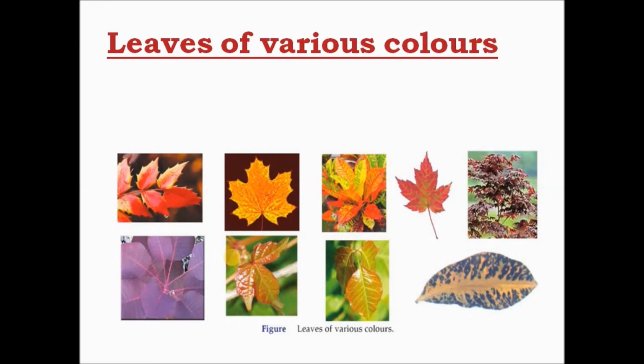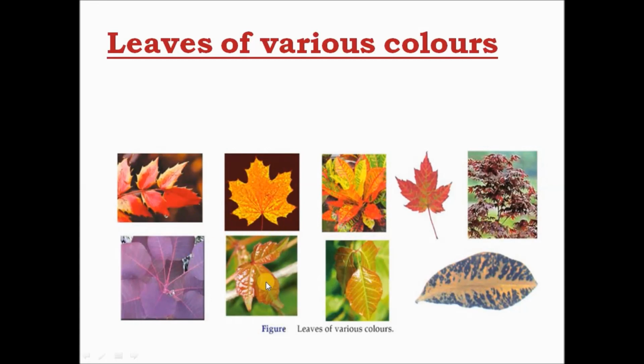Okay, there are three types of color pigment. One is chlorophyll, which gives the green color to the plant, and also we have seen that chlorophyll helps in the process of photosynthesis. The other pigment is something called chromoplast. This chromoplast contains other color pigments. So therefore, these leaves have the red color, violet color, purple color, or brown color.